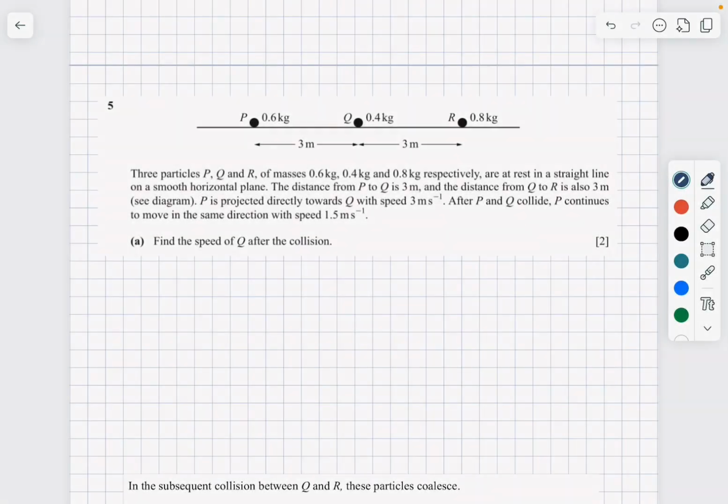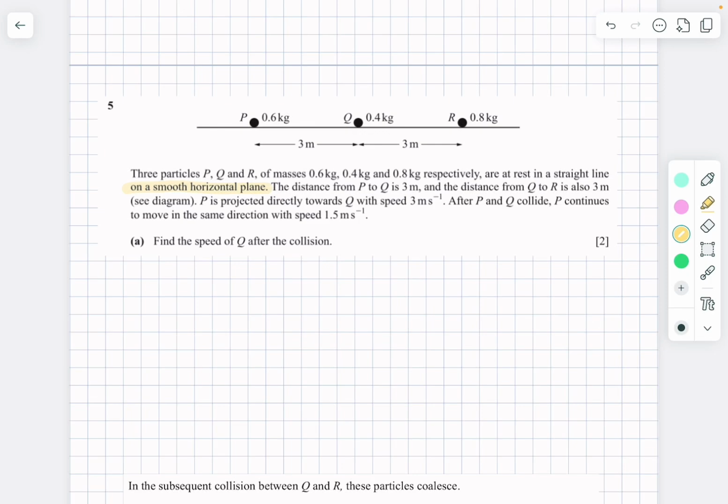For number 5, three particles P, Q, and R of masses 0.6, 0.4, and 0.8 kilograms respectively are at rest in a straight line on a smooth horizontal plane. So there is no friction. The distance from P to Q is 3 meters, and the distance from Q to R is also 3 meters.